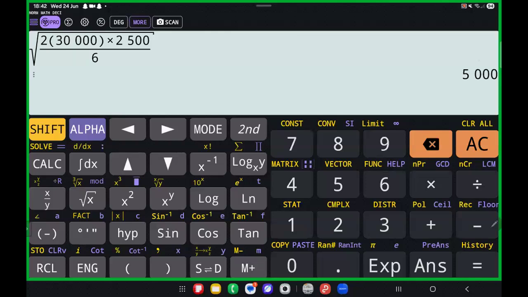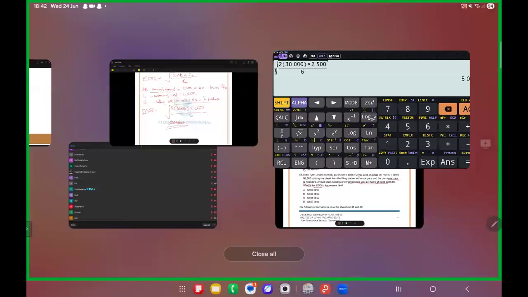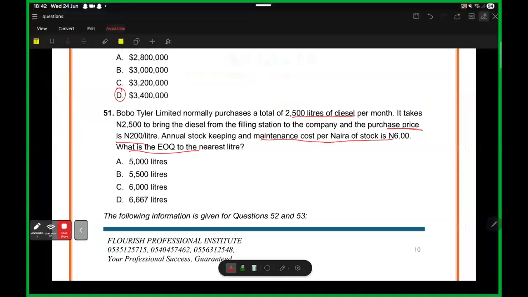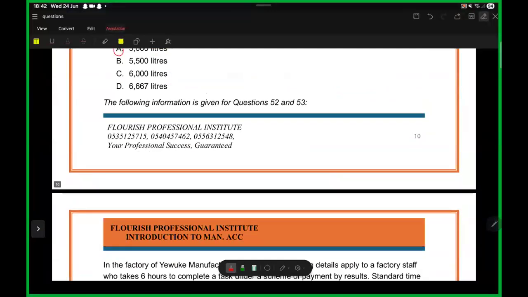That should give me 5,000. So I have 5,000 liters, which will be option A. Are we okay with the economic order quantity calculation?